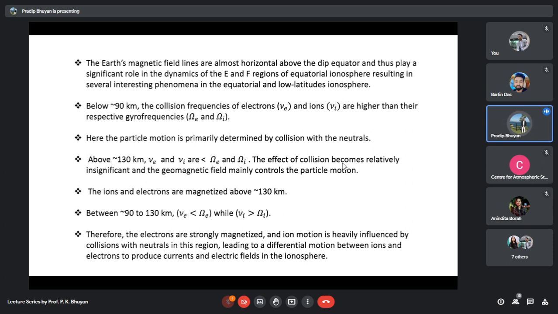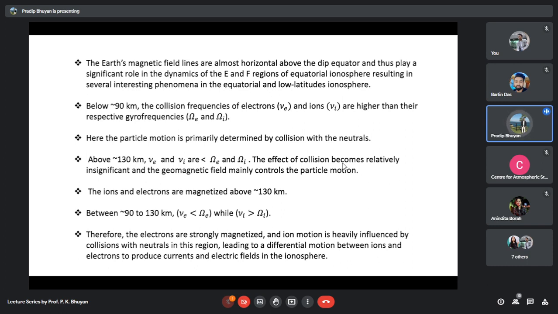Dip means where your dip value is 0. That means your compass, the north-south needle, if it is free to move vertically, will remain horizontal. So over the dip equator, dip is 0.